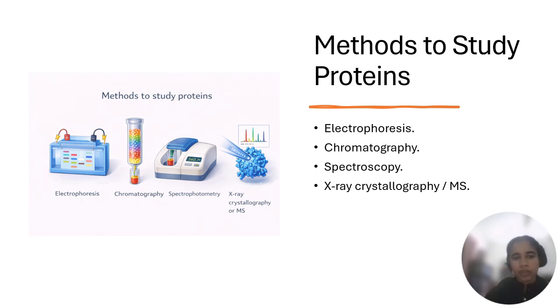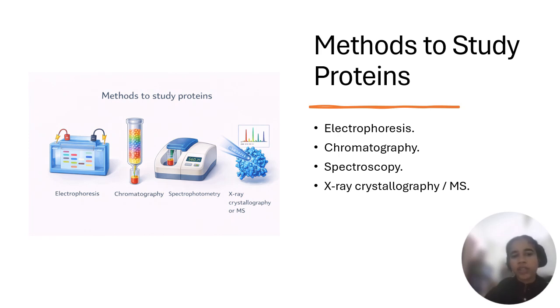Next is chromatography. Here proteins pass through a column filled with a special material. Based on properties like size, charge, or binding ability, each protein moves differently and separates into fractions. This method is extremely powerful for purification. Then you use spectroscopy, such as spectrophotometry.